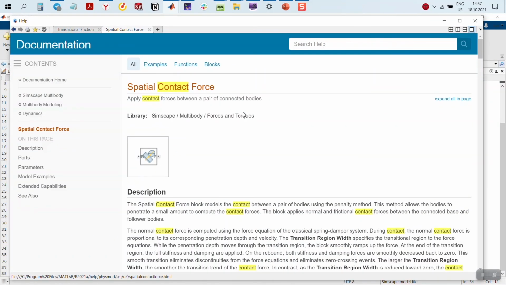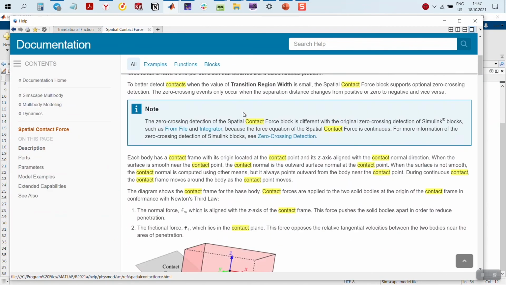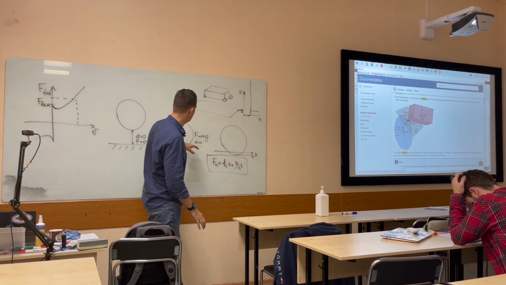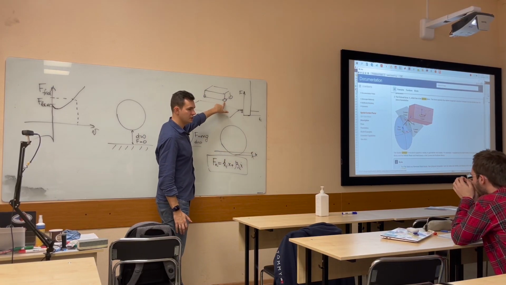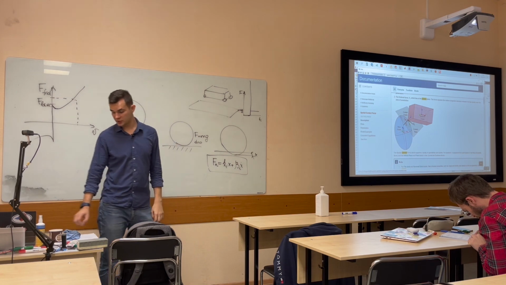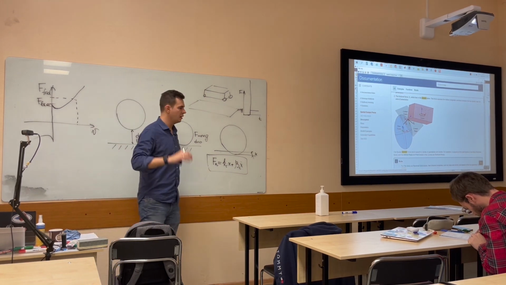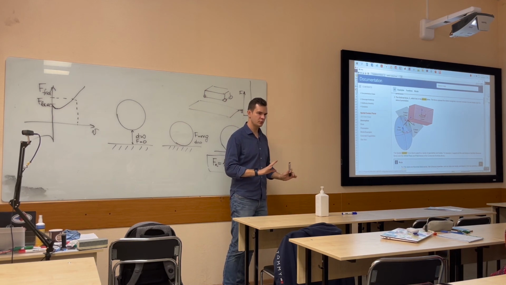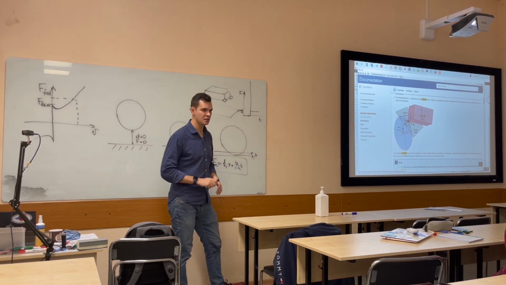This block is for Simscape Multibody, and what it does is create a low polygon mesh around your object, so you do not need to add any virtual points here, and it works fine. It's just very easy to use: you just need to put some coefficients here for stiffness and damping, and that's it.